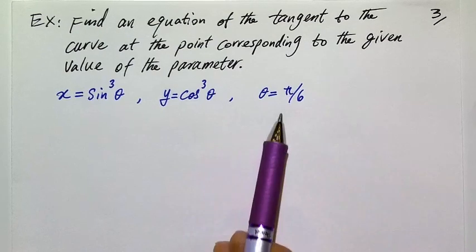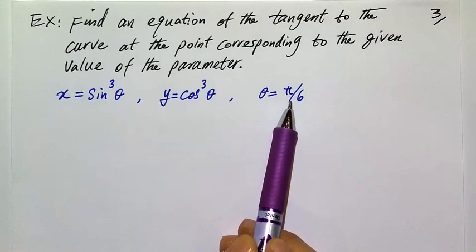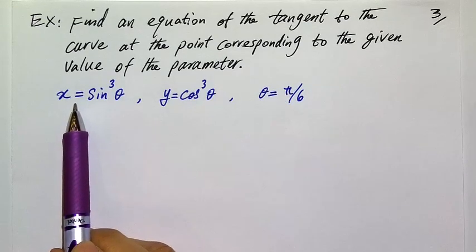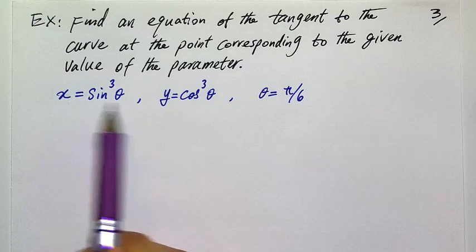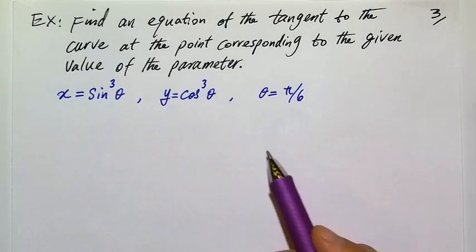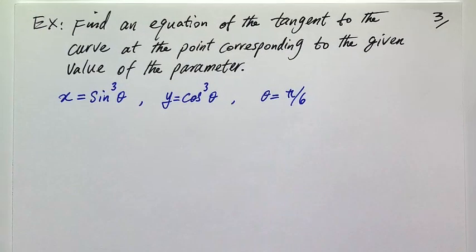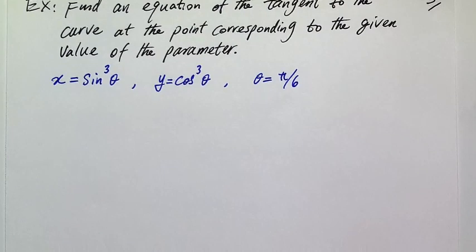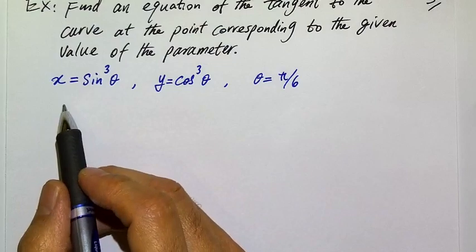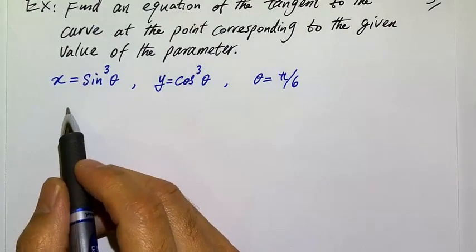And then given that pi over 6, we will have to figure out a point, x and y, which we can use in that same point-slope formula we learned about many semesters ago, right, in basic algebra. But the first step is just figure out the slope of this parametric equation.